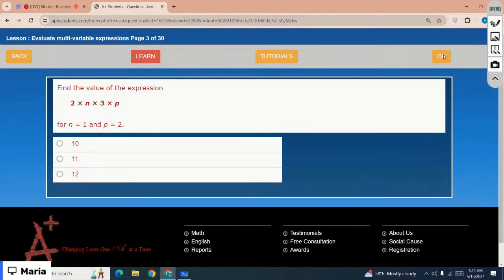That is 12. The correct option is 12. Sorry.